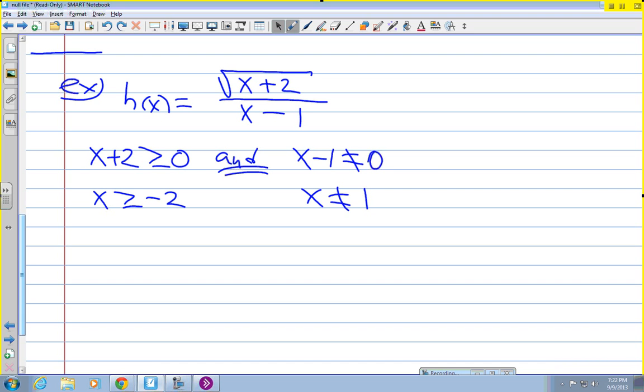So the domain here would be everything from negative 2, including negative 2, all the way to 1, not including 1, and then from 1 to infinity. You just poke a hole in that first inequality. So in interval notation, you're looking at everything from negative 2 to 1, union 1 to infinity.